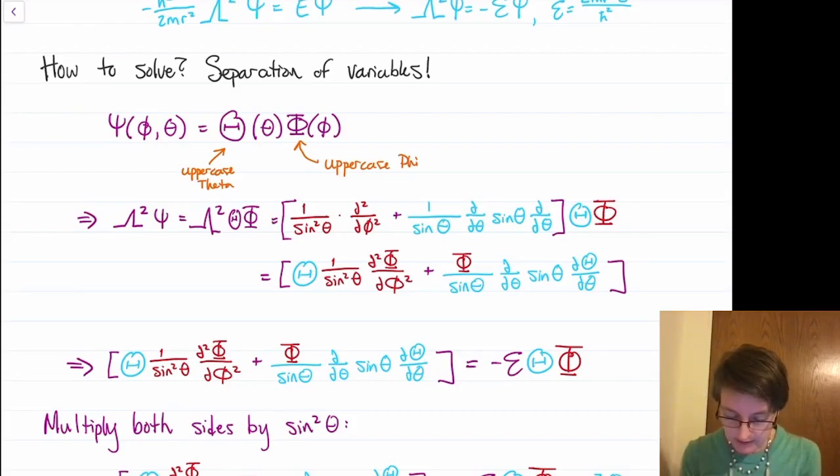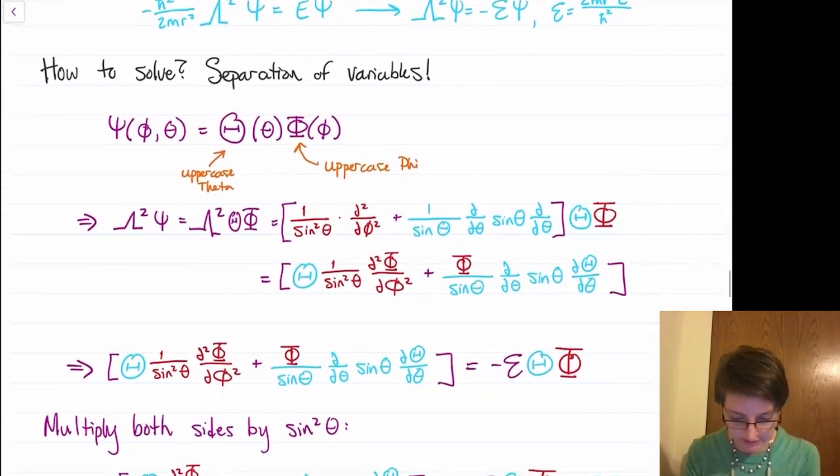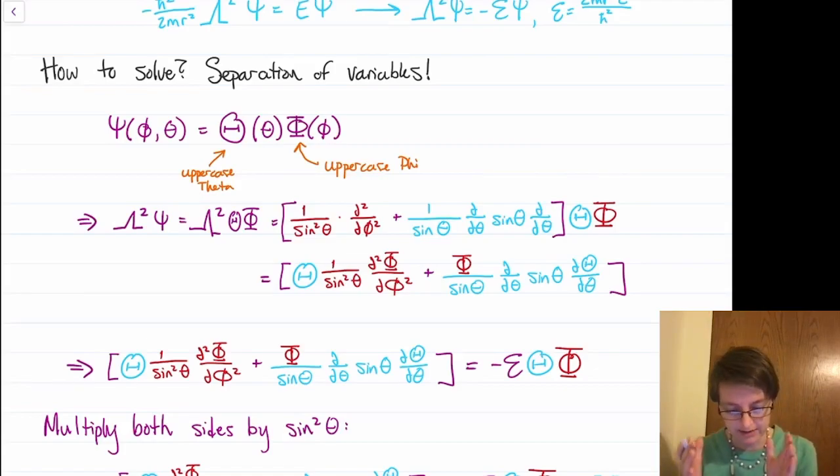Substituting this separated form back into my original Schrodinger equation, I now have two functions that I need to operate on with the Legendrian operator. The terms that are additive can be operated on separately using the distributive property, and the terms that are multiplied together are the ones that we should not rearrange.